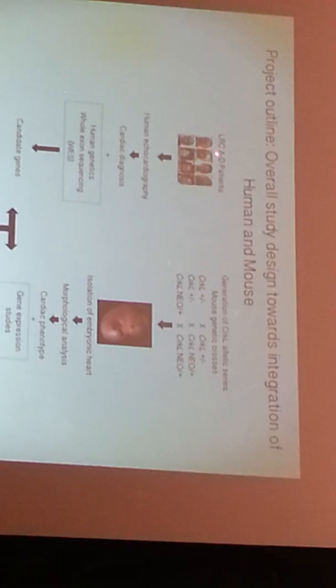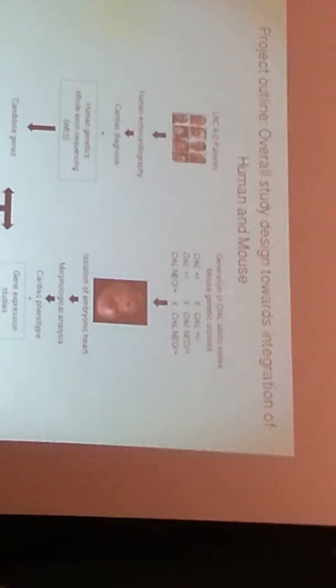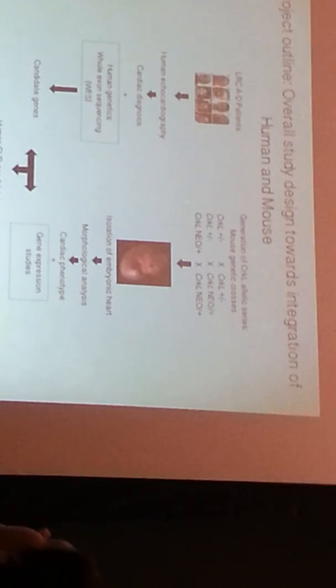So our project outline is our overall study design, I would say, towards integration of human and mouse. As I mentioned before as well, we have access to patient data. In this case, we have a DNA sample from patients that have the 22q deletion, including TBX1 and CRKL.